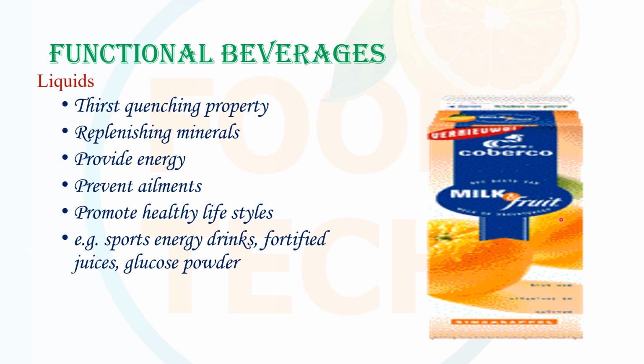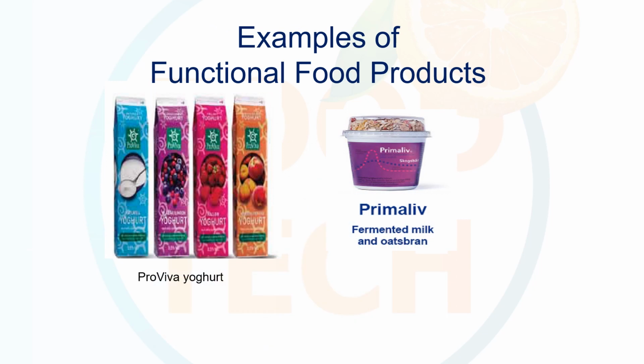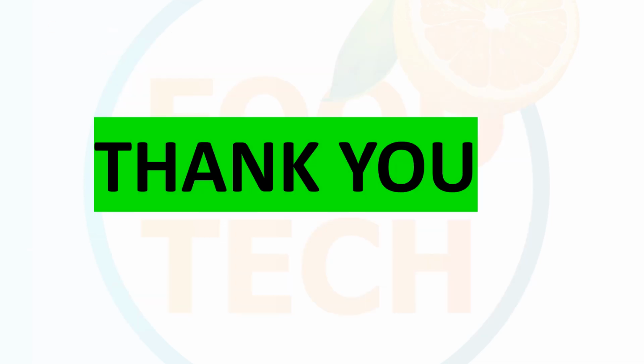So these are the functional beverages. And you can have the pictures of this. This is yogurt, a functional food. Health attributes like calcium, it prevents osteoporosis, vitamin E, it acts against diseases, iodine against goiter. So you can go through this list once again.